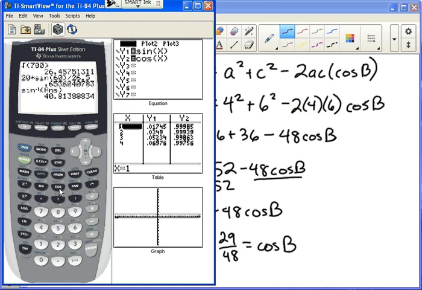Sorry, let me change that to a divided by, negative 29 over 48. And we get 127.168. So we're rounded to the nearest degree, so we'll just call it 127 degrees. So B is equal to 127 degrees. So we'll put that in right here.